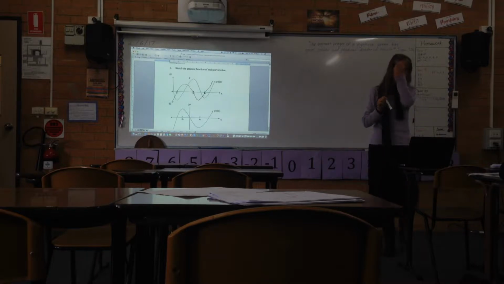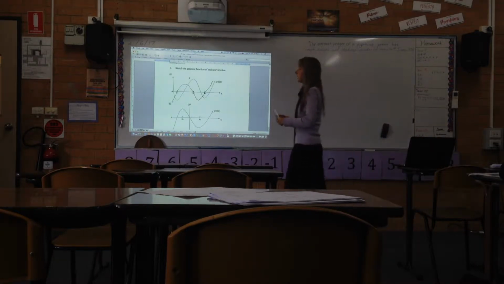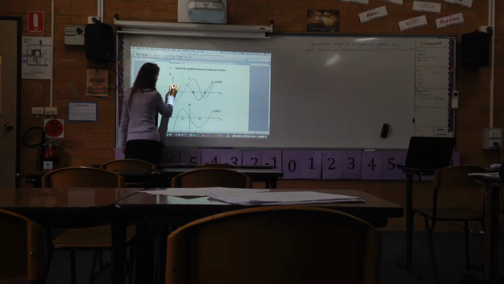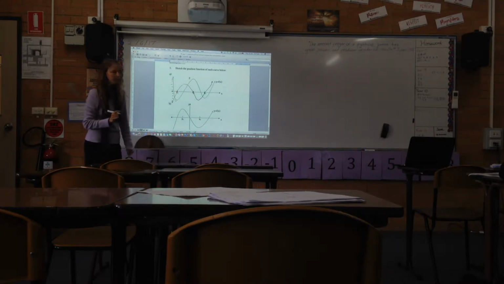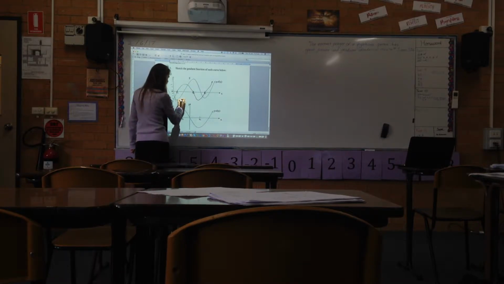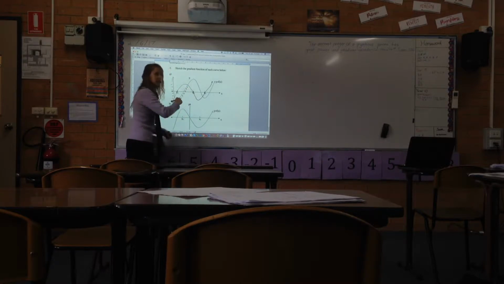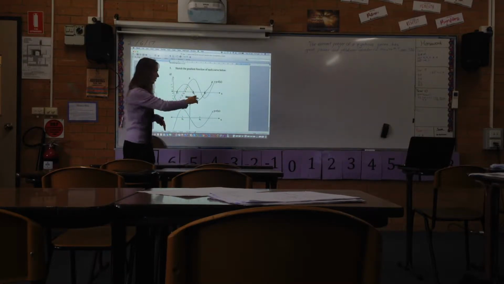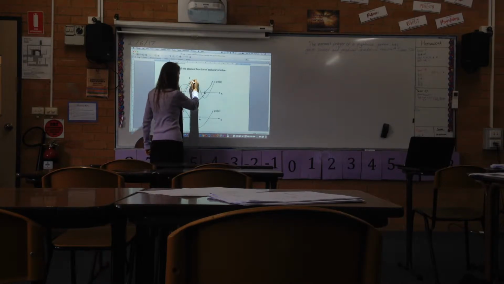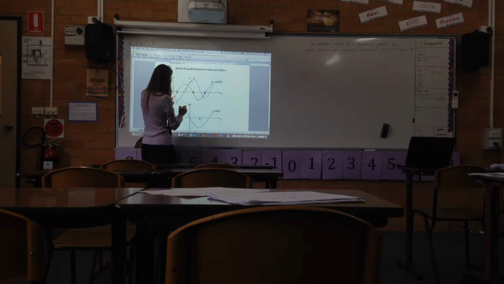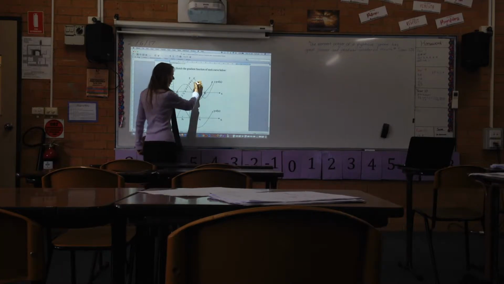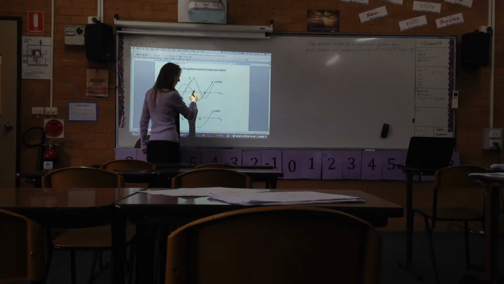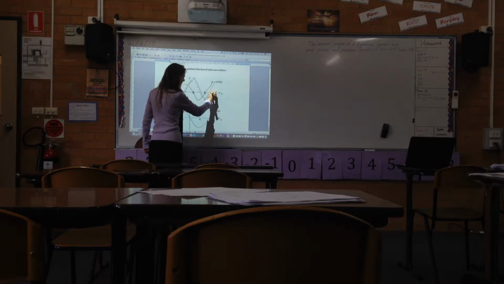Other than that, the only other important thing is that every time the gradient is negative, your gradient function is below the line. Every time the gradient is positive, your gradient function has to be above the line. It's 0 there, it's 0 there, that's why I put it at 0. Once again, it's negative all the way, so it's got to be below the line, 0 there, it crosses the line, positive here, and it's above the line.